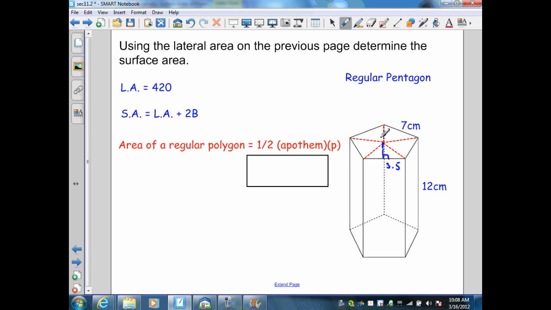I also know that at the center, I have a circle. That is 360 degrees. I know that these are 5 congruent triangles inside of my polygon. Therefore, 360 divided by 5 gives me the measure of this angle to be 72 degrees. As a matter of fact, each angle is 72 degrees. And when this bisects that angle, I know that this is 36 degrees.